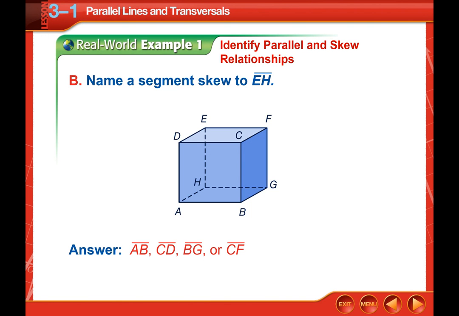Okay, so EH, this back one right here, the skew is AB, CD, BG, or CF. All of those are never intersecting with EH and exist on different planes.